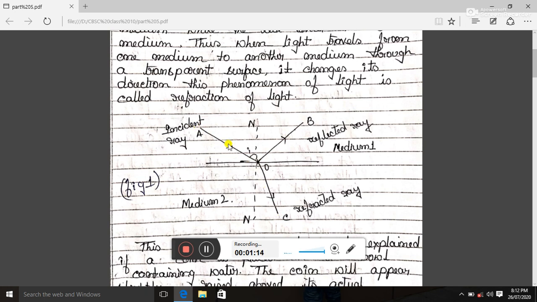So this incident light has divided into two parts. One has reflected back to the same medium and another has refracted to another medium. So this phenomenon of light traveling to another medium is called refraction of light.